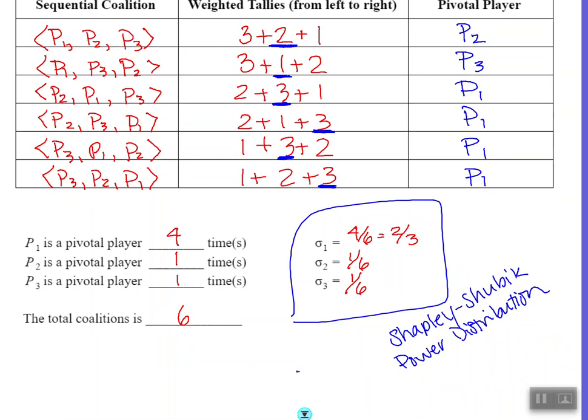When we calculated the Banzhaf power distribution for this same scenario, we had 3/5, 1/5, and 1/5. So the distributions are similar in that player 1 has the most power, players 2 and 3 have equal amounts of power, but the fractions are not identical.